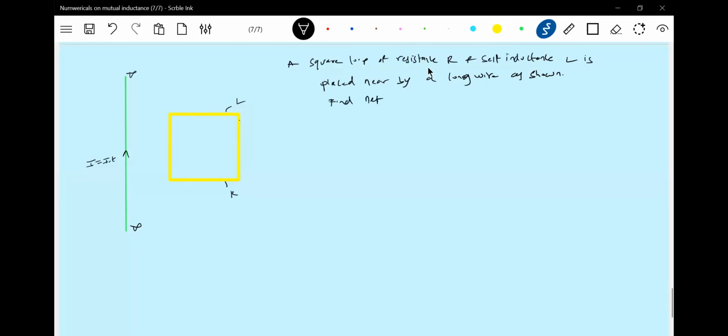Find the net EMF induced in the loop. Find the net EMF induced in the loop.